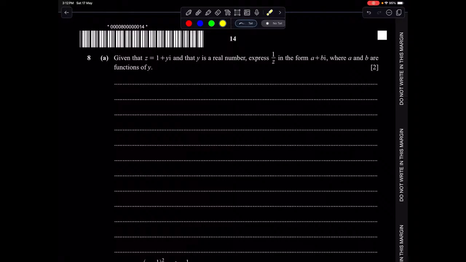Okay, given that z is 1 plus yi and y is a real number, express 1 upon z in this form as a function of y. So we have to do rationalization.